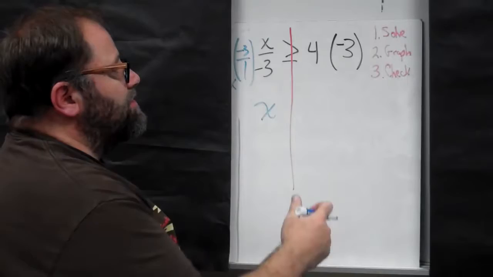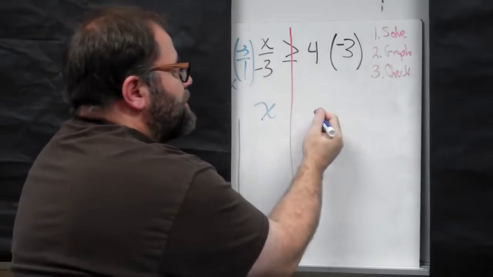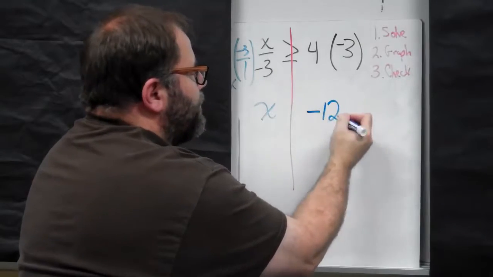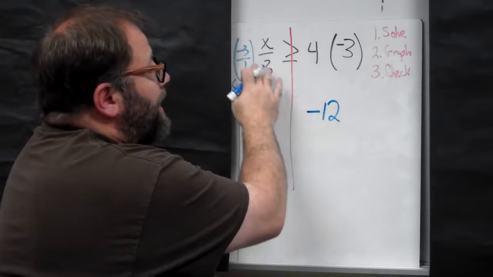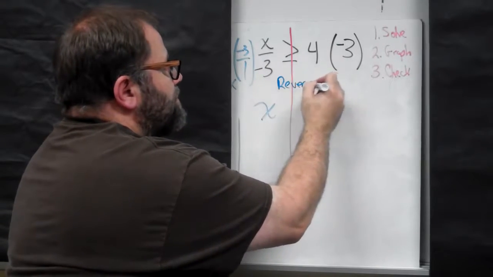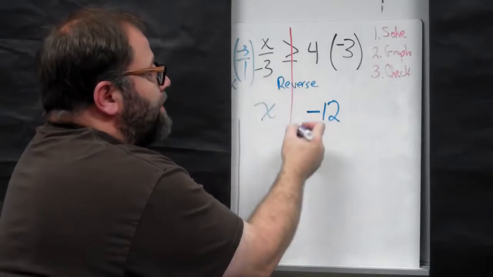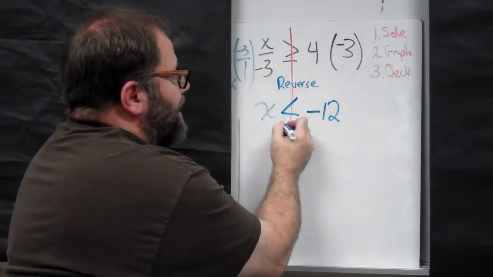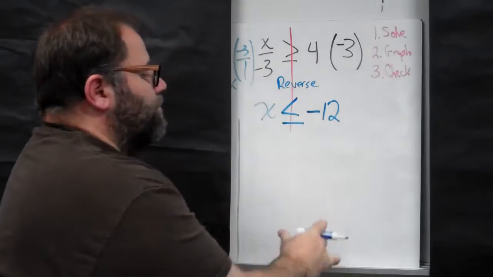Leaving me just x. And then I have 4 times 3, which is 12. They're different signs, which makes it negative 12. And what I know from the last slide was, if I'm multiplying or dividing by a negative, this sign has to reverse. Okay? And if this sign reverses, it goes from a greater than or equal to a less than or equal to.